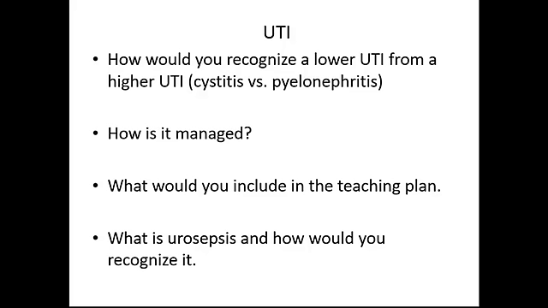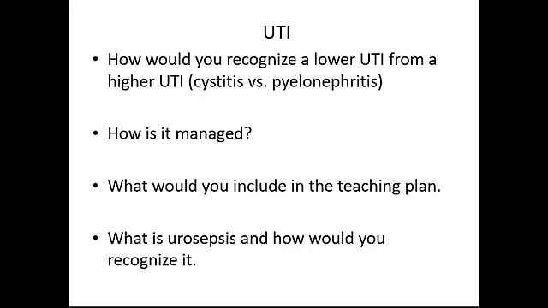So signs and symptoms would be anywhere from painful urination to cloudy, bloody, foul-smelling urine, suprapubic pain, the urgency and frequency for urination. They may have some nausea and vomiting, fever. And of course, we know with the older adult, confusion. And that may be the only symptom that they have is the confusion.